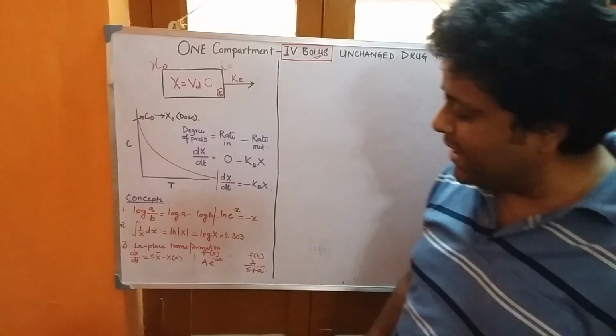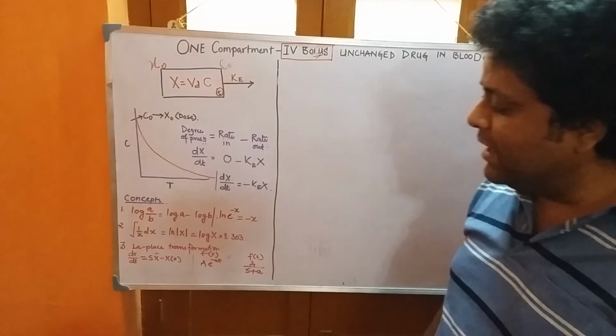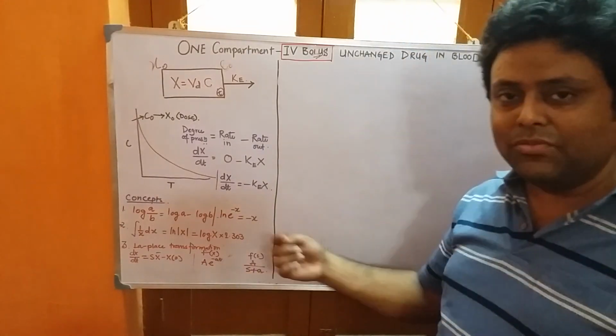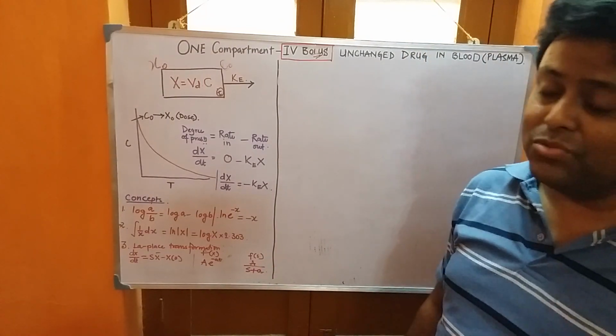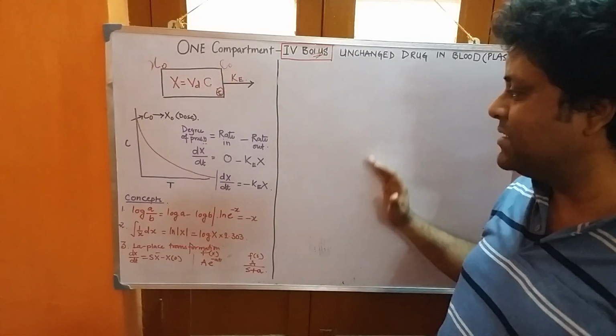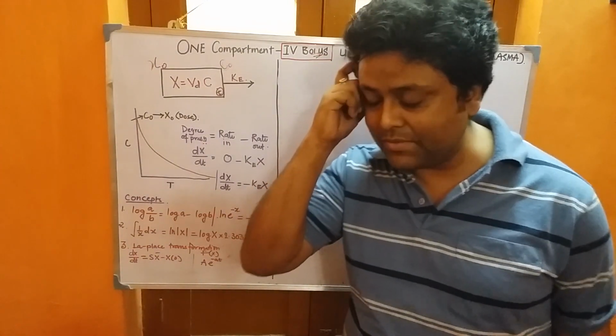Integration of 1 by x dx equals ln x, which can be converted to log x when multiplied by 2.303. And of course we will try to do the same thing by using a Laplace transformation.